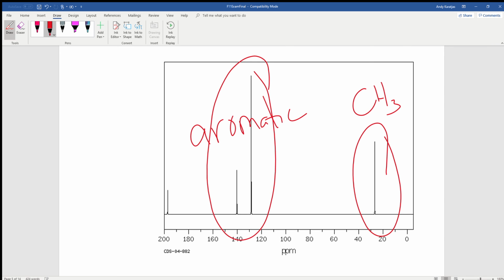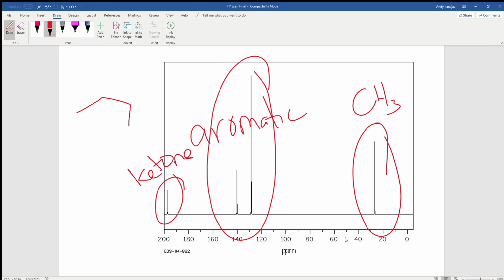So that means that methyl is either going to be attached to an aromatic ring or it's going to be attached to a carbonyl. And then we have what's clearly a ketone or aldehyde peak, but we know in this case it has to be a ketone. If this had been an aldehyde, then the aldehyde would have shown up in the proton NMR around 10 ppm.